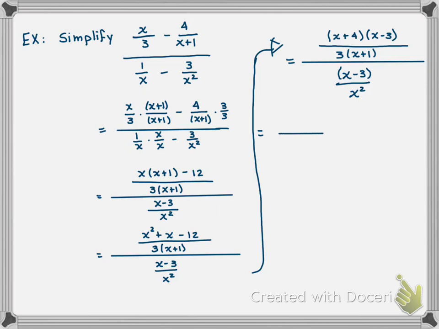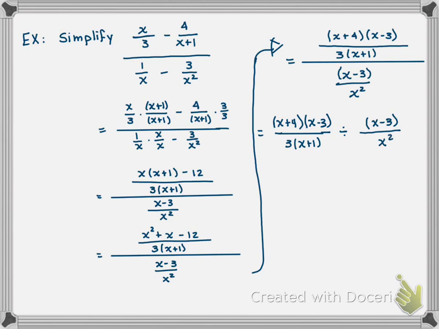Good. So we have x plus 4 times x minus 3 over 3 times x plus 1 divided by x minus 3 times x squared.